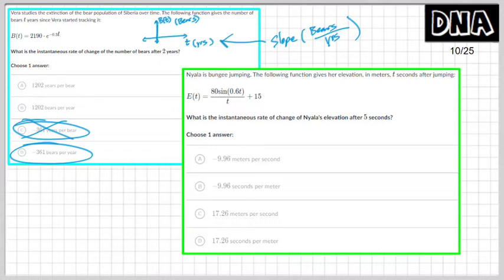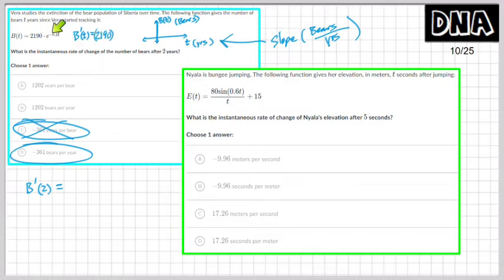So what you would do is take B prime, because that'll find the instantaneous rate, and plug into that 2 years. But before I do that, I have to find what B prime is. So let's go up here and find B prime. B prime of T would equal, I see a scalar, so I'm going to ignore this guy and just write him out, 2190.